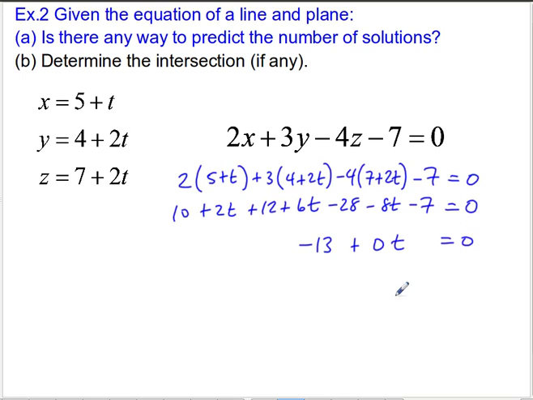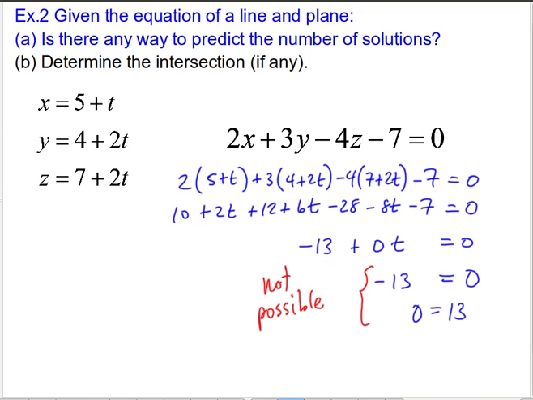So we end up with negative 13 equal to 0, or 0 equals 13. They're the same thing, and obviously that is not possible.